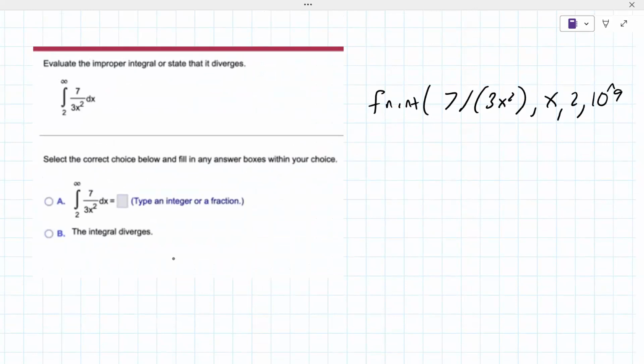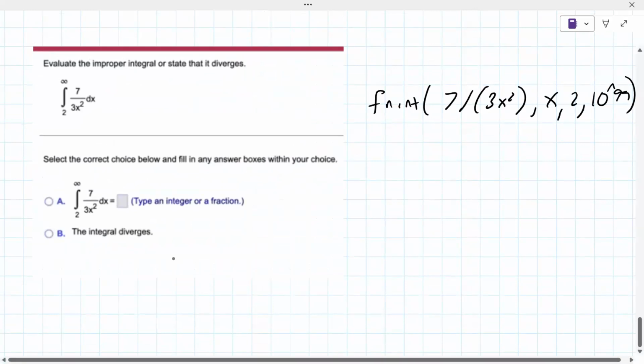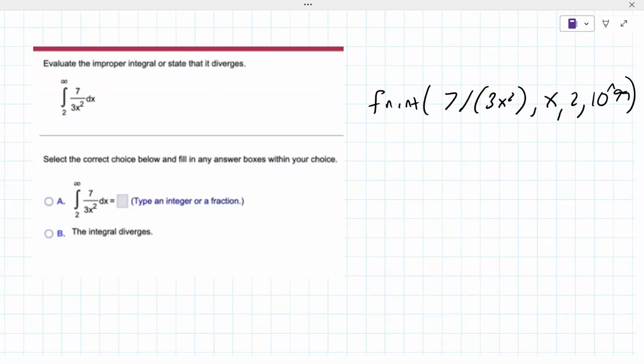You can try 10 to the 99 power. Your calculator may not like that. You'll have to tell me what you see on your side. It might also be different for an 84, where it might actually give you what you want.